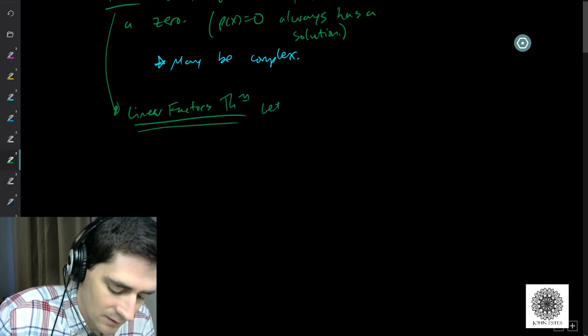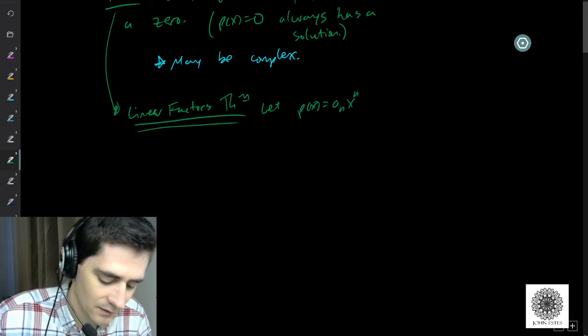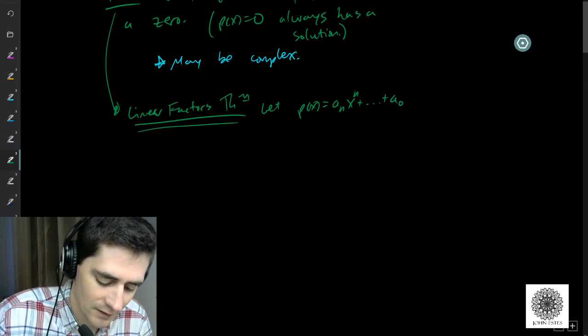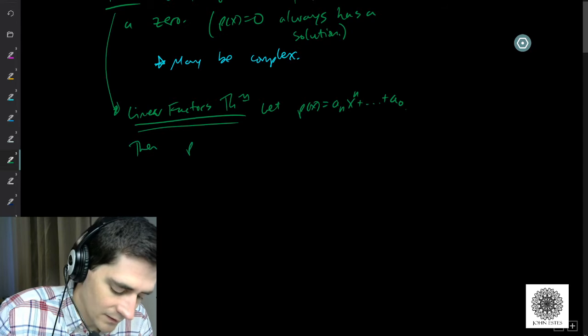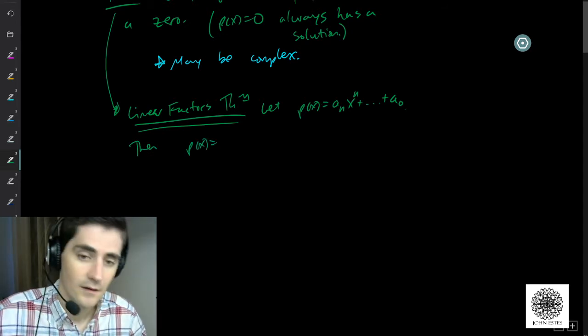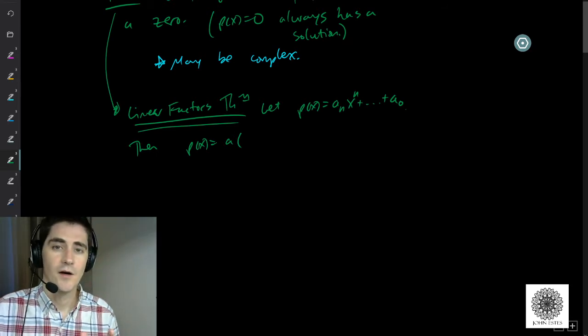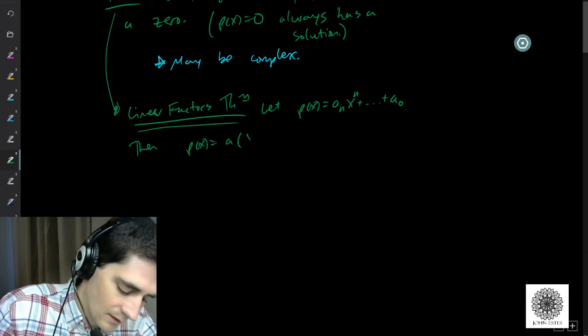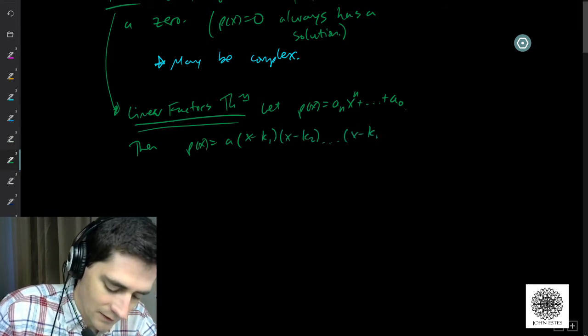Let p of x be some sort of nth degree polynomial, a sub n x to the n, plus and so on, out to a sub 0. Then p of x can be factored as some sort of leading coefficient times a bunch of linear factors: x minus k sub 1, x minus k sub 2, out to x minus k sub n.